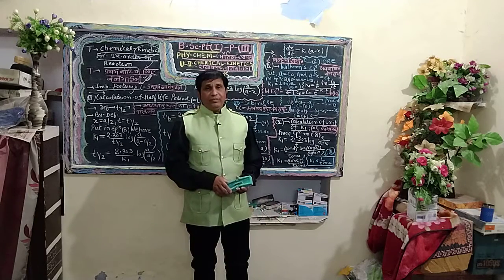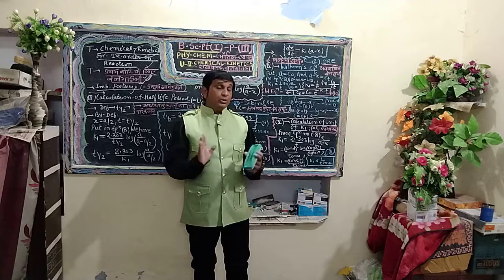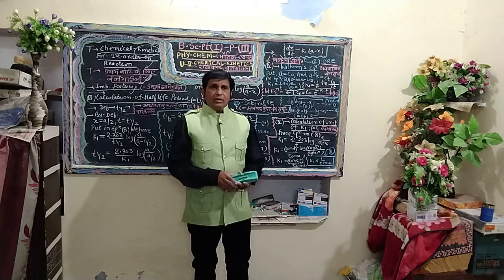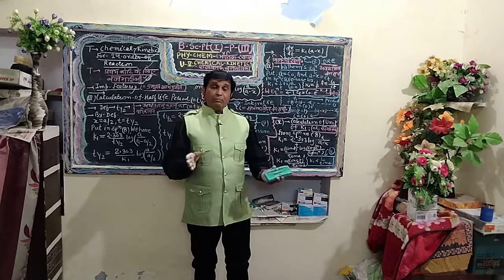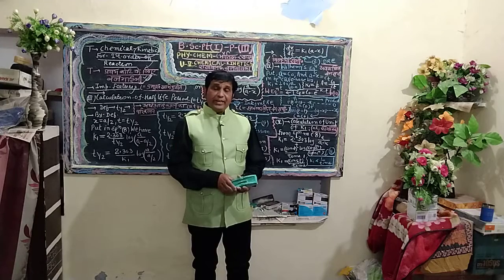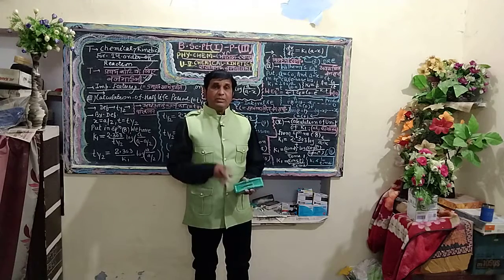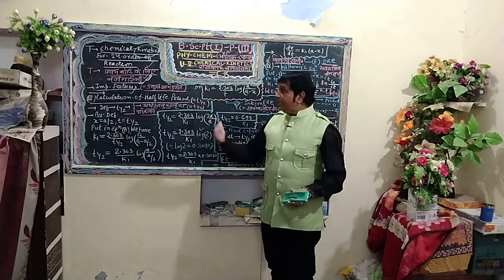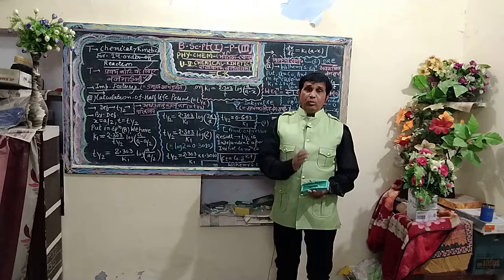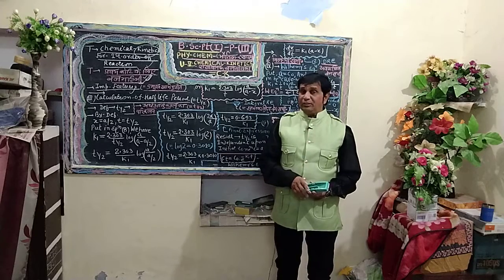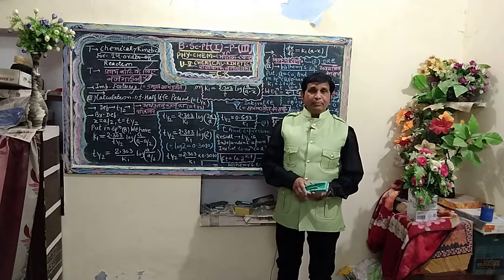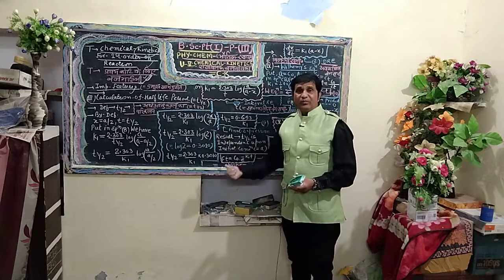After the definition of rate equation or rate law, both being the same term, now it is the turn to express what are the possible kinds of rate equation, rate law. Students of BSc Part 1, there are two types of rate law or rate equation. One can derive the rate equation on the basis of Woodward and Boake's law, and it is expressed in two types: differential rate equation and integral rate equation.